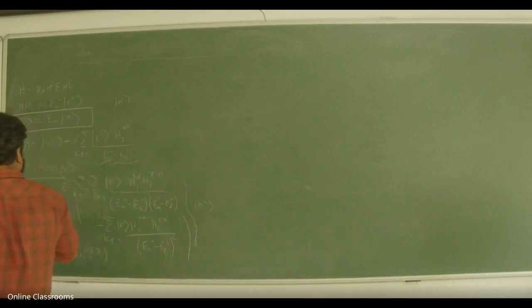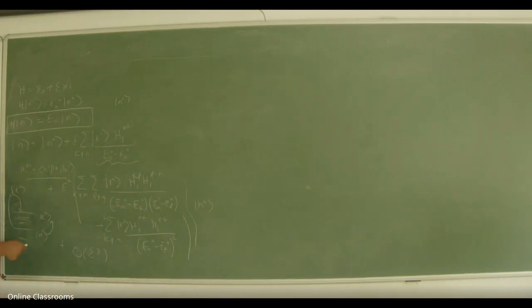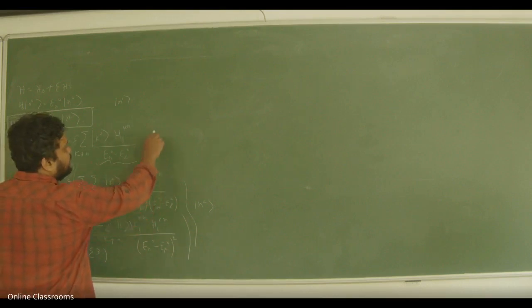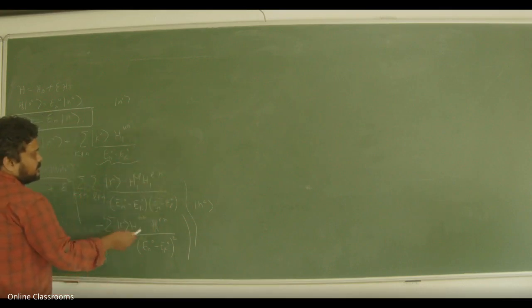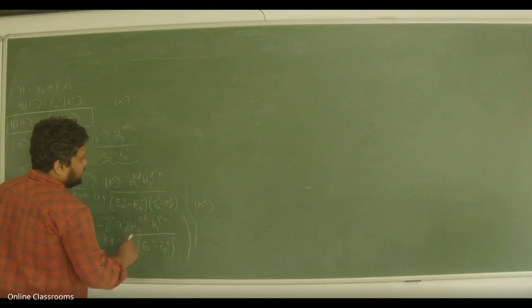The idea is this. This term should be something like this: going from n to l and coming from l to k, which means it is going to a different level. But I want this term to be going from n to l and coming back. So I want this term to be n to l and l to n.